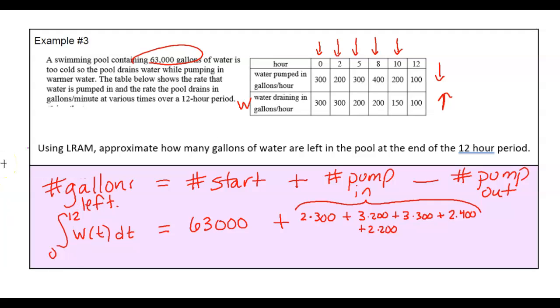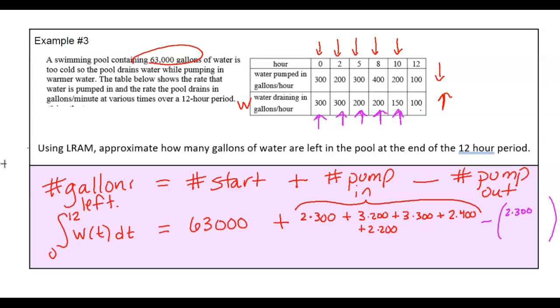Now we need to take off everything that's being pumped out. So I'm going to go ahead and just put a big parenthesis there. So now we're taking these out. So same thing, we still want to use LRAM. So we've got each of our heights, and we want to use these values. So we're still 2 wide. So it looks like I'm pumping in and kind of taking out almost the same amount.